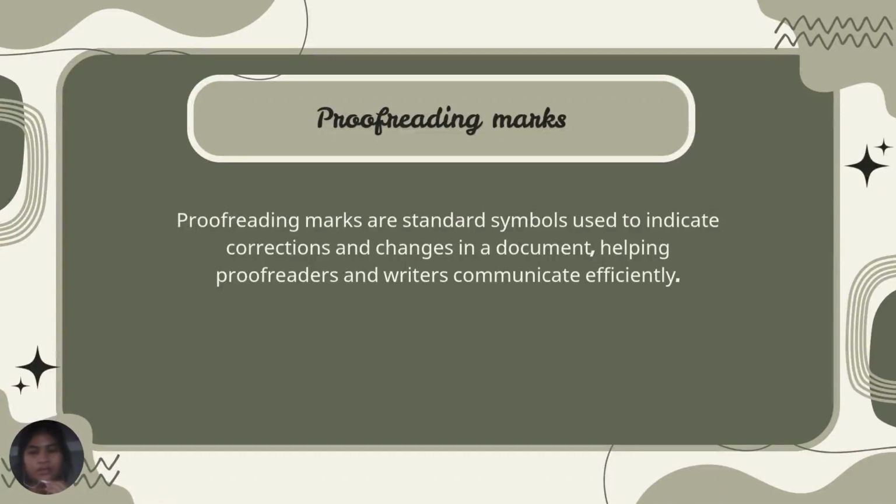So it means that these are symbols and abbreviations used to mark corrections and changes in written text. They offer a quicker and more efficient way to indicate edits than writing out lengthy instructions. Think of them as a secret code for editors and writers.